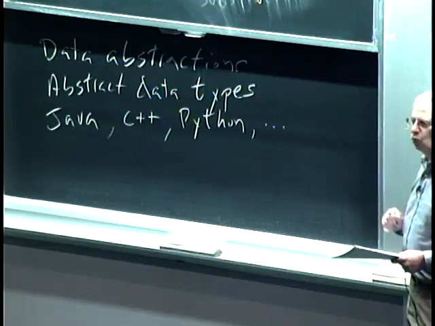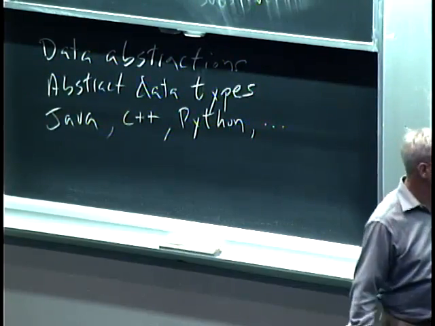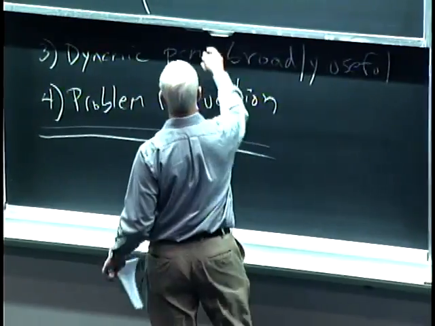So what is this all about? What is an object in object-oriented programming?